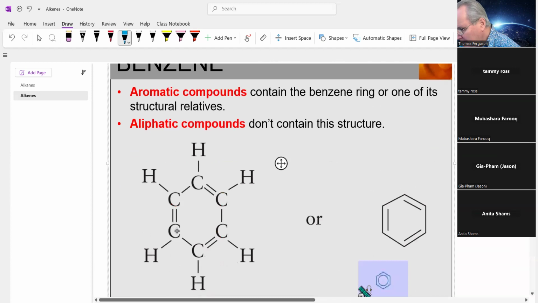Okay, so aliphatic compounds have no benzene in them. Aromatic compounds have benzene or a structural relative. In other words, fused rings, like that.